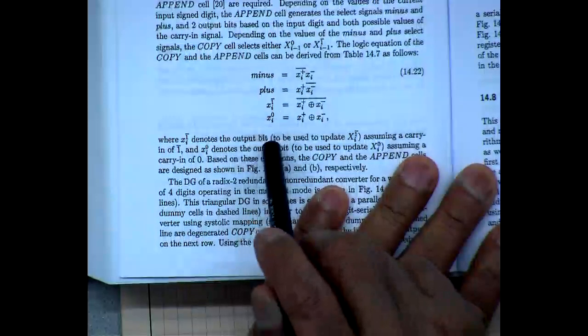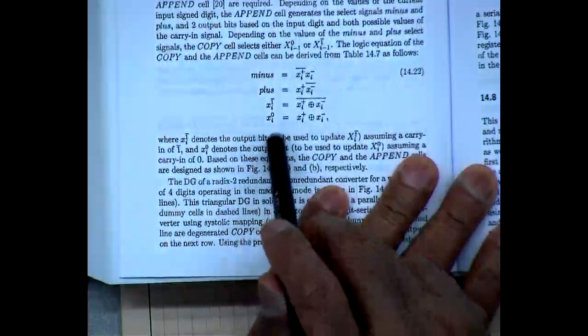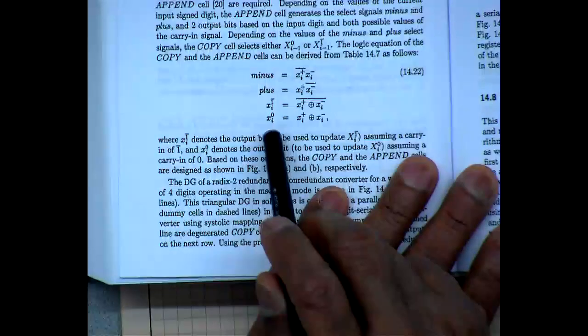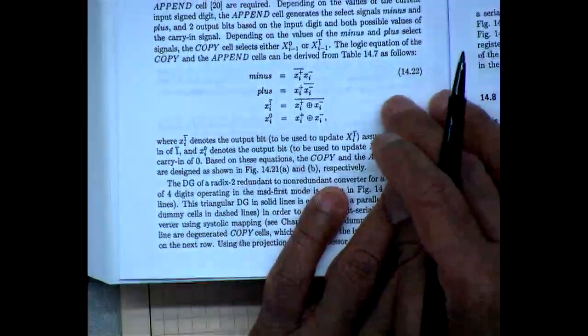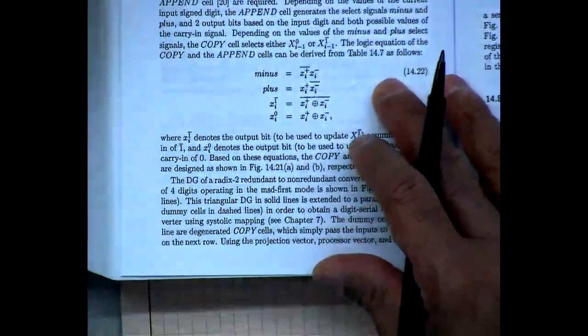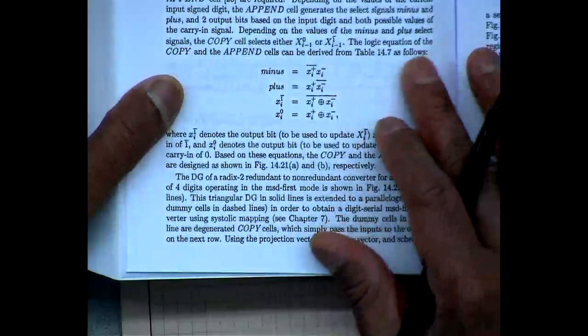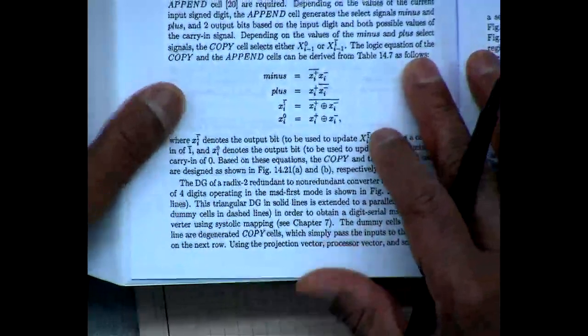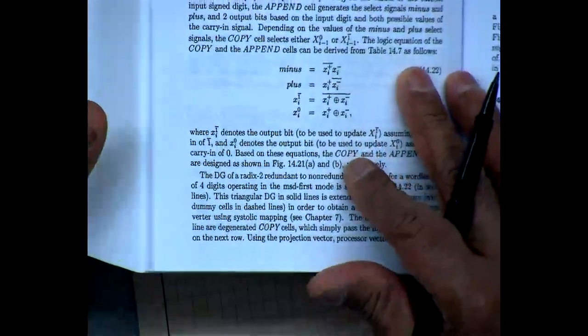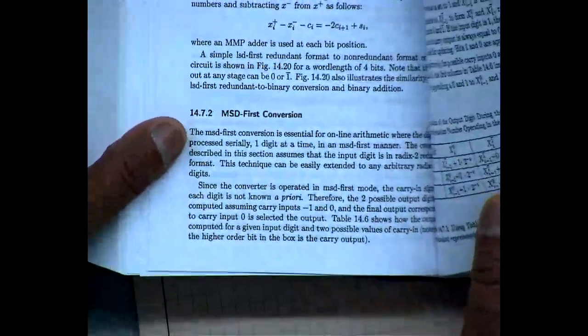Now what this is telling us here is, are these the bits that we are appending? So the bits that we are appending at these positions are xi1 bar and xi0. Okay, so those are the bits that we are appending.